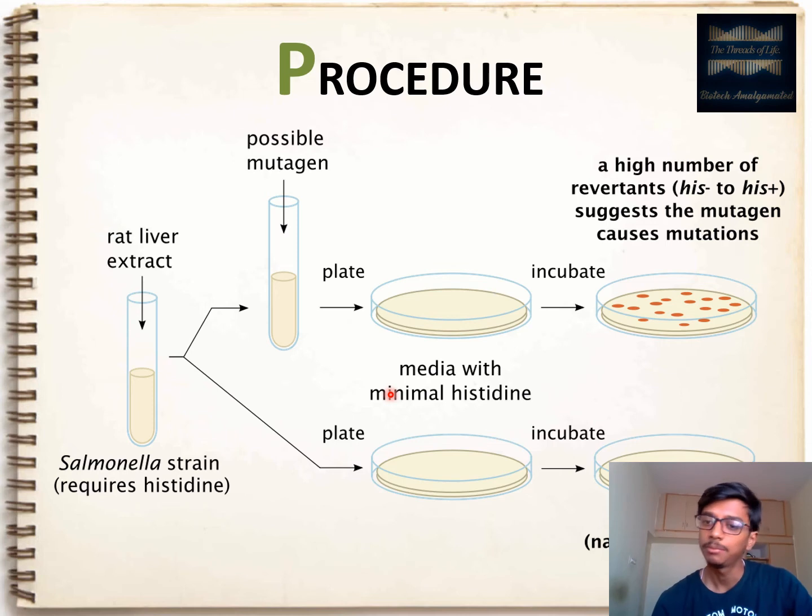What Bruce Ames inferred from these results was that the chemical added in our test protocol caused a mutation in the genome of Salmonella typhimurium, and that helped it gain the ability to synthesize histidine through back mutation, whereas that was not possible in the control plate. The small number of colonies in the control plate was due to the minimal amount of histidine added to it.